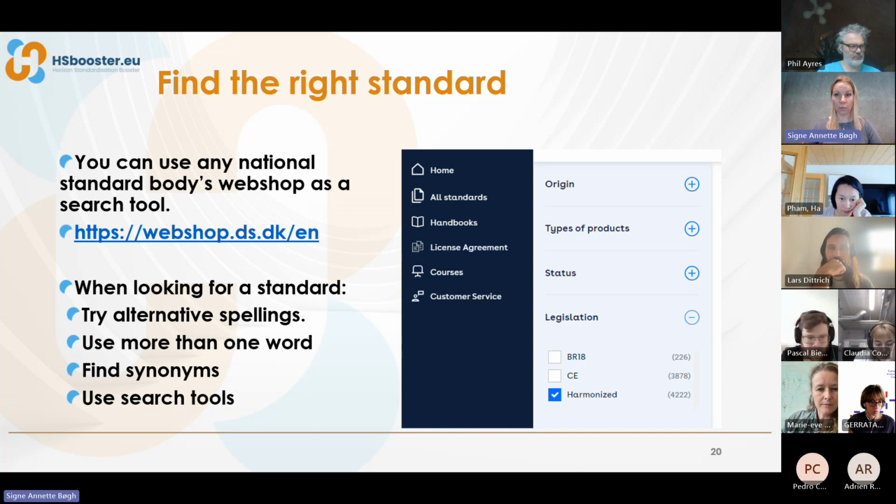Use more than one word, and that's really key, because that will make your life a whole lot easier. See if you have any synonyms, and then use the different search tools that we have. And I'm just going to stop sharing my presentation, and I will go over to our website so I can show you how you can do it.